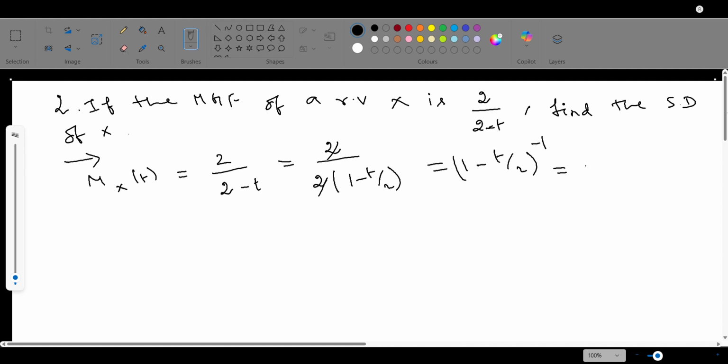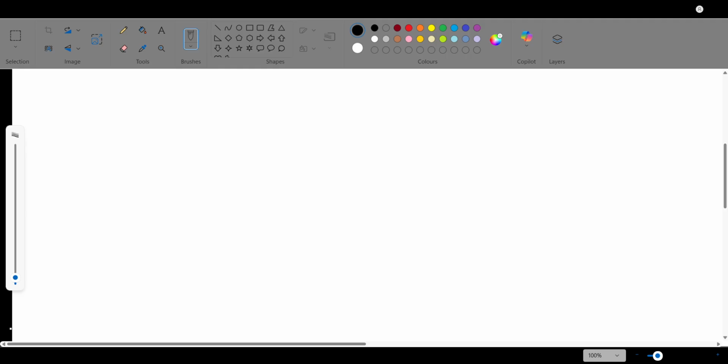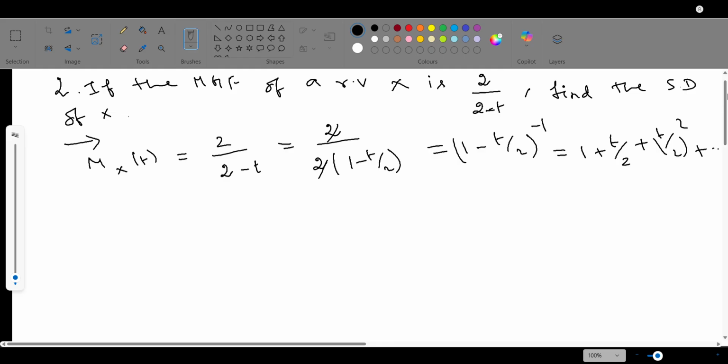We can expand it like this: 1 plus t by 2 plus t by 2 the whole square plus etc. Now, what actually we get? M x of t is the infinite series of the terms 1 plus t by 2 plus t by 2 the whole square plus etc.